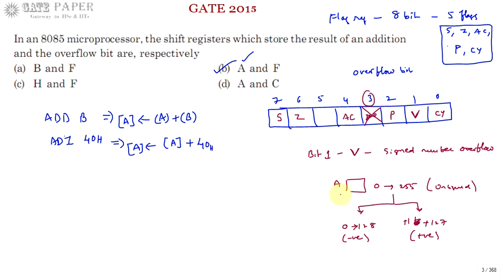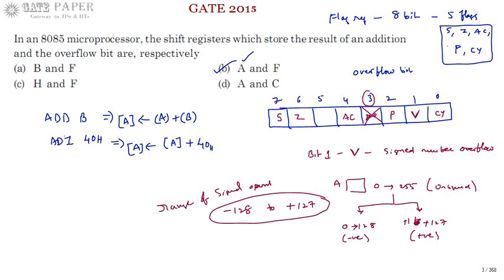So with 8 bits, the most negative number you can store is minus 128, up to plus 127. This is the range for signed operation of the accumulator: minus 128 to plus 127.